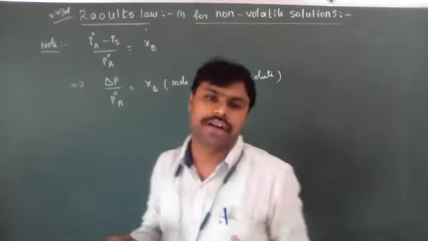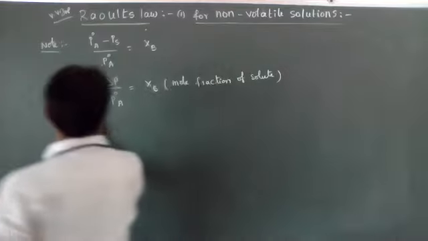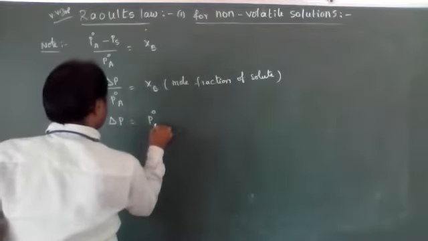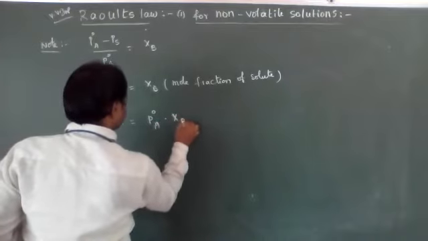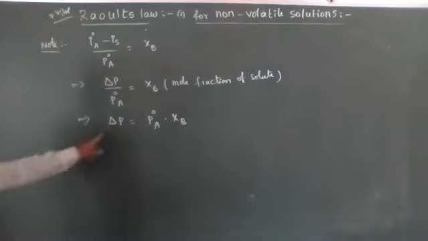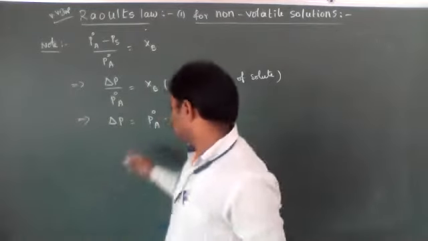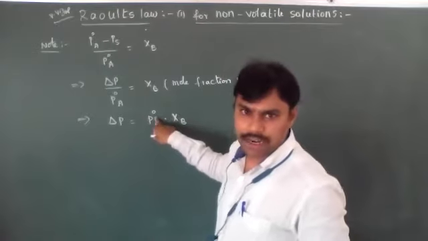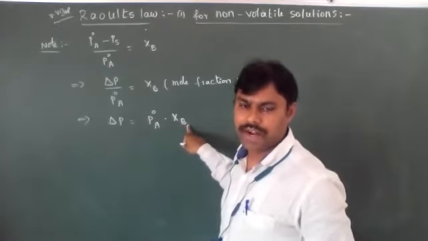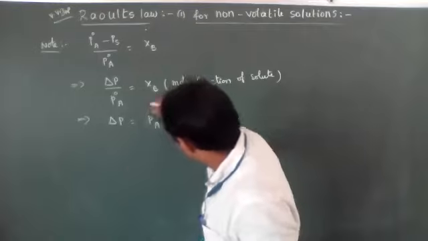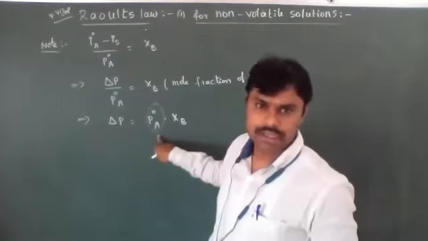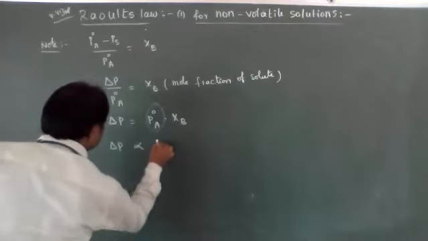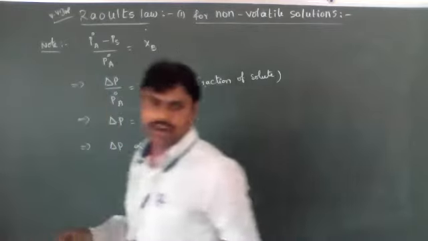This delta P is equal to P naught A into XB, meaning the lowering of vapor pressure is equal to the product of the vapor pressure of pure solvent and the mole fraction of solute. So it is always constant for non-volatile solutions. That's why delta P is directly proportional to the mole fraction of solute.